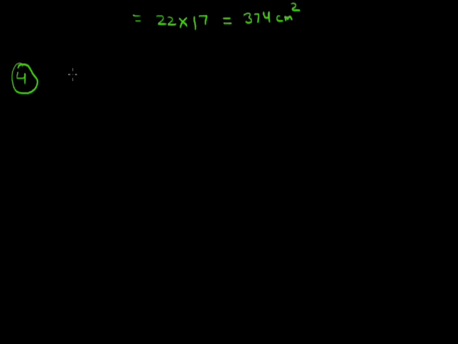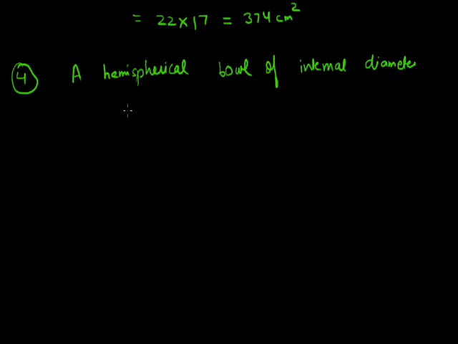First write down the question. It is given that a hemispherical bowl of internal diameter 36 centimeter contains a liquid.